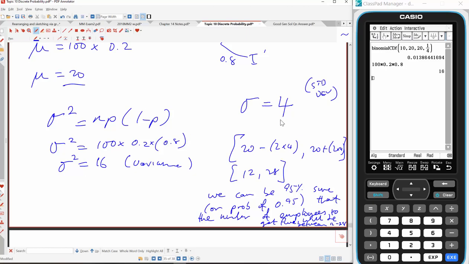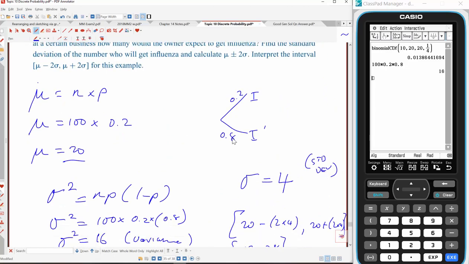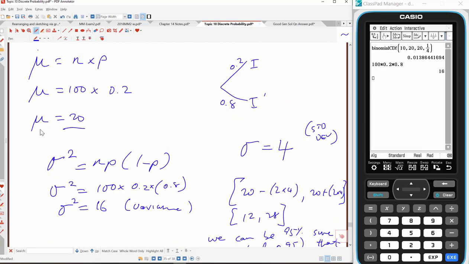So that's what that statistic means, but again, we'll cover more of that later. What I'm really happy with if you're able to do is just to use the formulas to get these values for the moment.